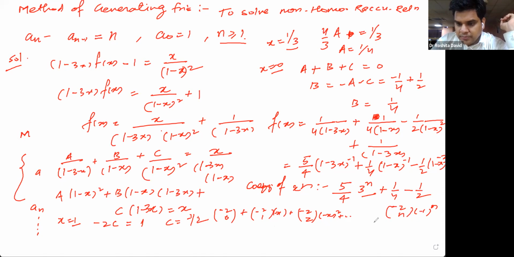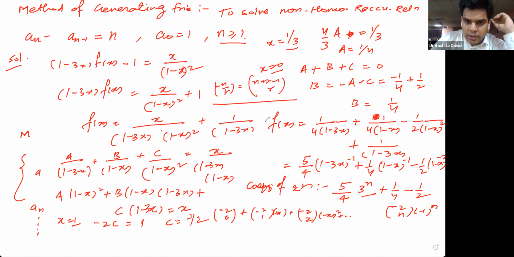So minus n choose r, you know, minus n choose r is equal to n plus r minus 1 choose r. This formula you will apply whenever you have this negative sign and choose.